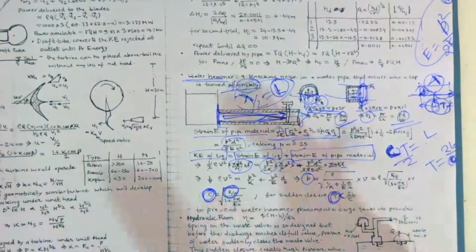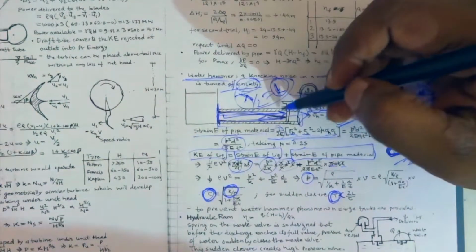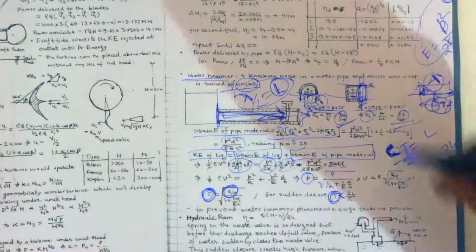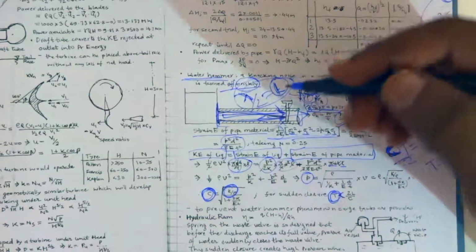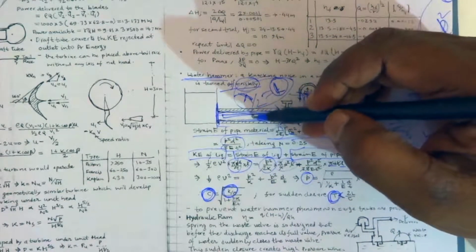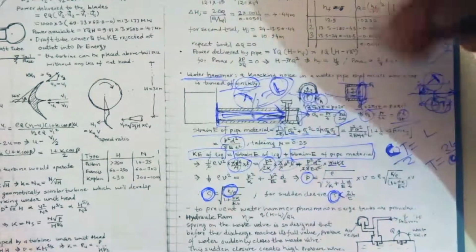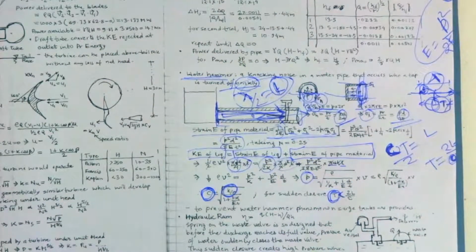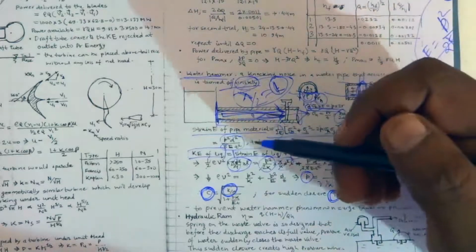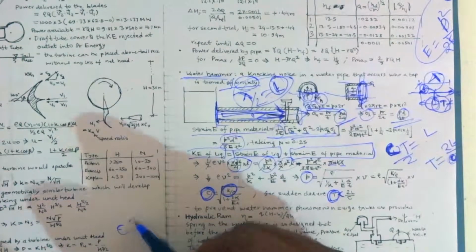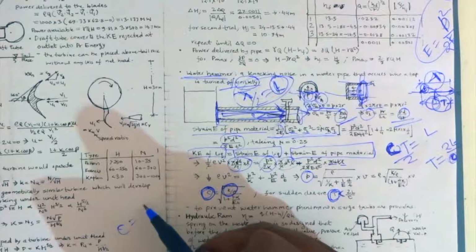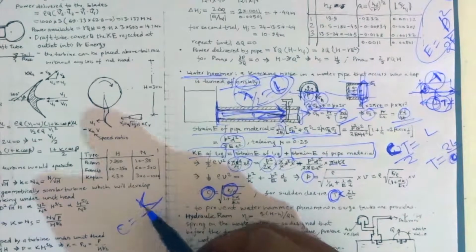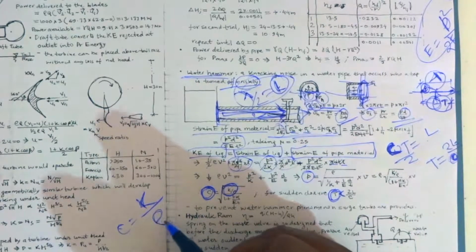If we did not have to consider the elasticity of the pipe, if it were rigid, all the strain energy would have been taken by the water. In that case, c is equal to the square root of K of the medium divided by the density of the medium.